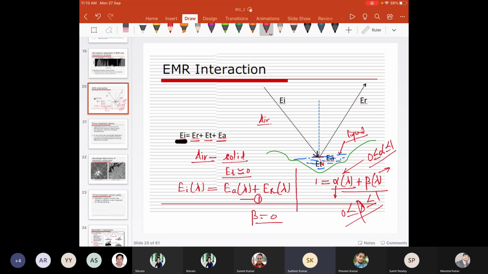If beta is equal to 0, it means there is no absorptance. And considering equation 1, that is a result of the law of conservation of energy, alpha is reflectance and beta is absorptance. Should I write over here?